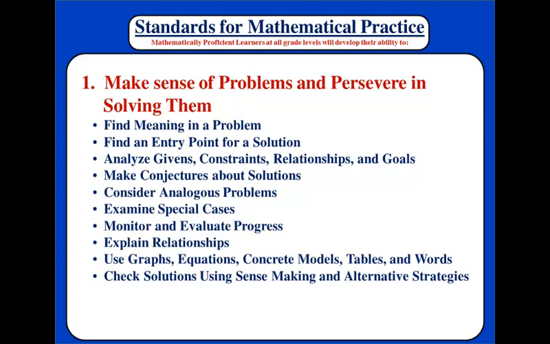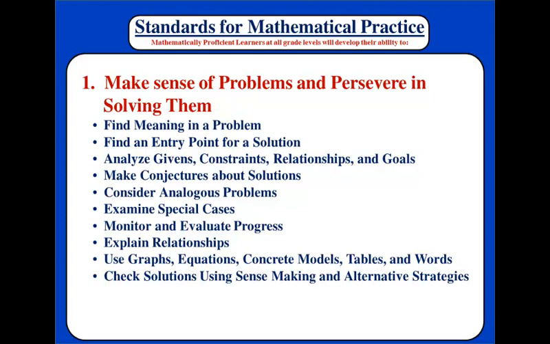We want to use tools such as graphs, equations, concrete models, tables, and words. Sometimes this is referred to as the rule of 5, that every concept that we try to do, we're going to try to represent these 5 ways: with graphs and pictures, equations and algebra and formulas, concrete models, actual physical representations, tables and numbers, and then finally describe it verbally with words.